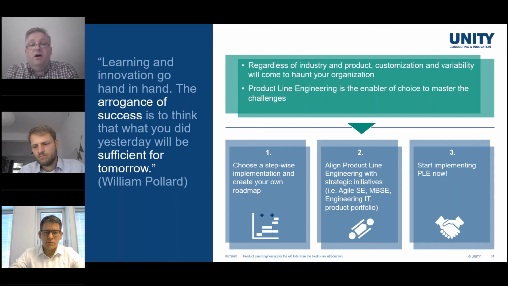So therefore, from our point of view, it's very important to first decide on which stepwise approach you want to achieve your roadmap and what your target is. Is it the second goal, the hybrid solution, or is it a fully mechatronic PLE, feature-oriented way of working? And if you have decided on this maturity level, then you have to decide where to apply, for example, agile systems engineering, and where to apply model-based systems engineering.